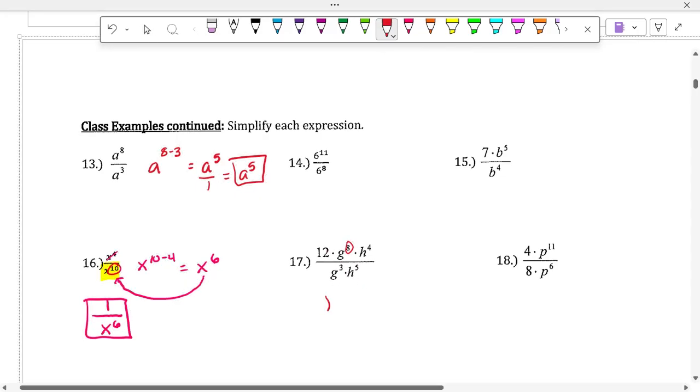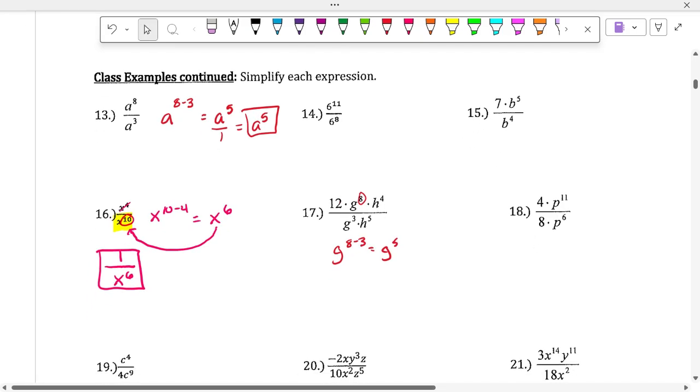So if I do g to the 8 minus 3, this will give me g to the 5th, and it will stay in the numerator, so this will be 12 times g to the 5th. Then I do my h's, so 5 and 4, 5 is bigger. So I have h to the 5 minus 4, which is h to the first, or just h. And that'll stay in my denominator because that's where my bigger exponent is. So this will be my answer.